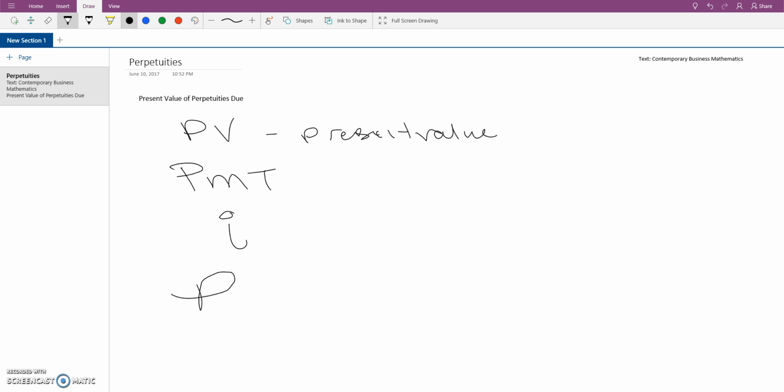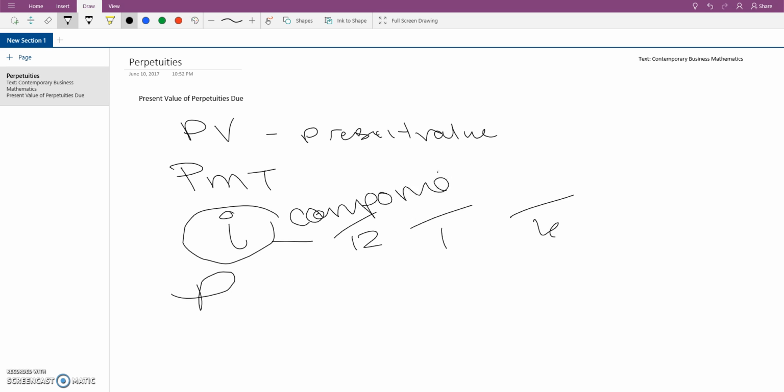Okay, so I should back up. This I is actually the rate of interest per conversion period. So we're talking 12 months, 1 year, or 6 months. But in terms of perpetuities, we're generally using them on the basis of 12 because it's compounded. If you compound monthly, this interest rate is based on how you compound.